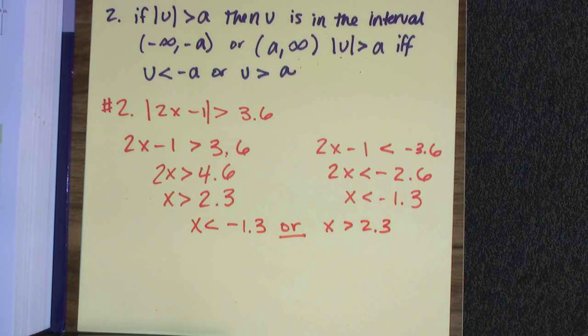Okay, so x is less than negative 1.3 or it's greater than 2.3. Y'all were trying to give me "and" as if it was one that is in between.